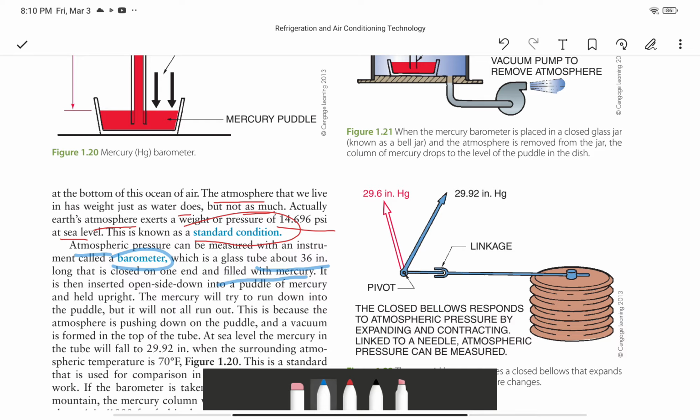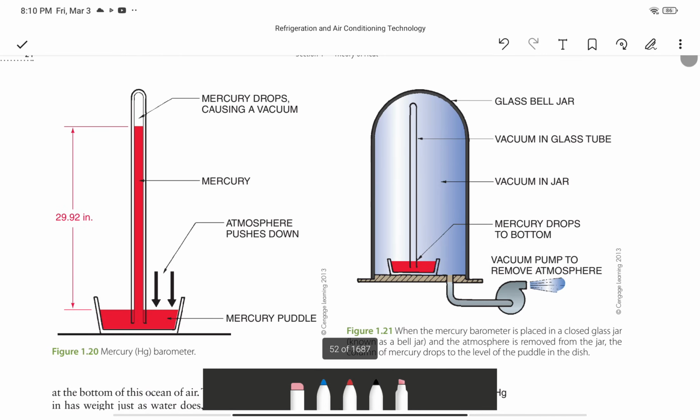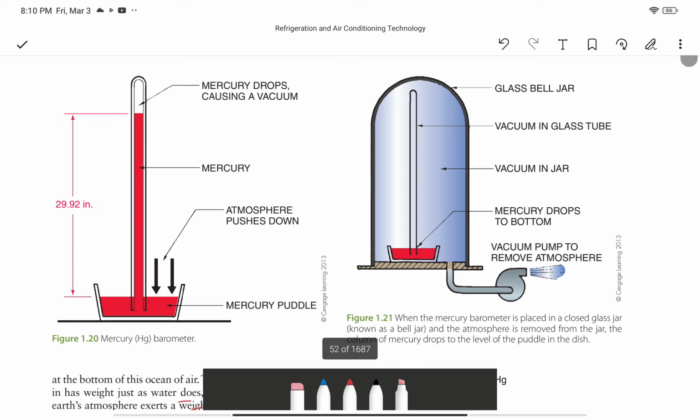Okay, so this is it, in figure 1.20: mercury, Hg, barometer.